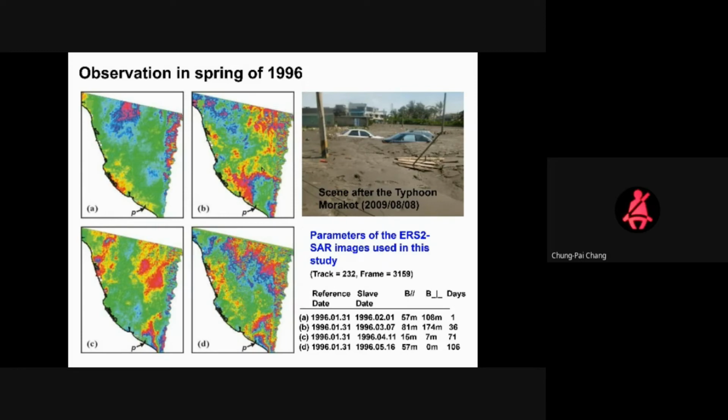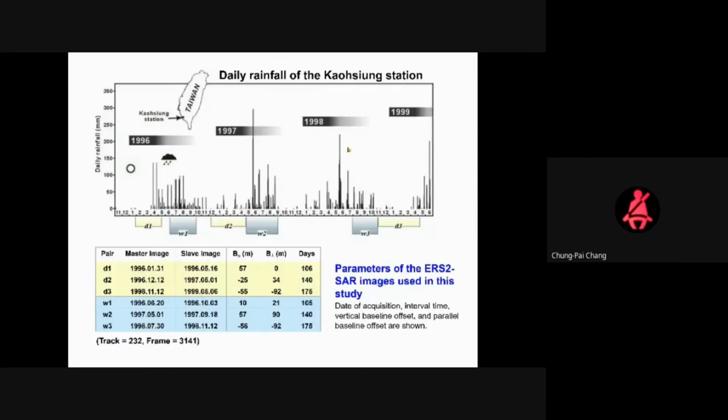And after this observation, this study, we know that the local government tried to stop this rapid subsidence. So they started to check the wells, check the fish ponds, and stop this water pumping. And then you can see the result is that the subsidence ceased, slower and slower.